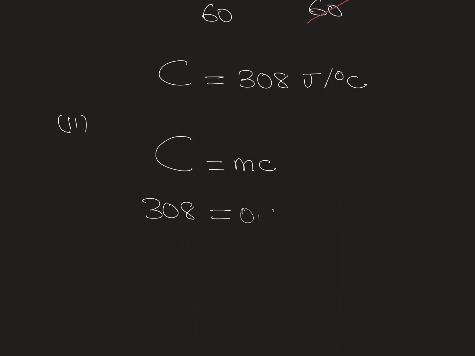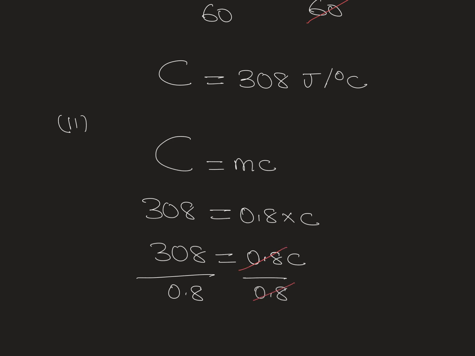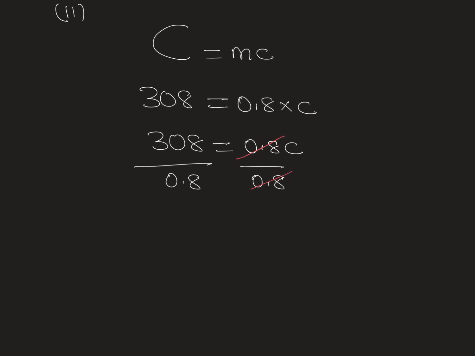So that will be 0.8 times C. 308 is equal to 0.8 C. To find C, we divide both sides by 0.8. That is, this will cancel this. So we can say the specific heat capacity is equal to 308 divided by 0.8, which will be 385. So that will be joules per kilogram per degrees Celsius.